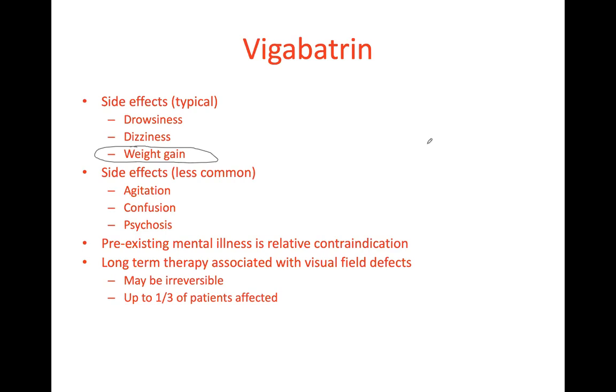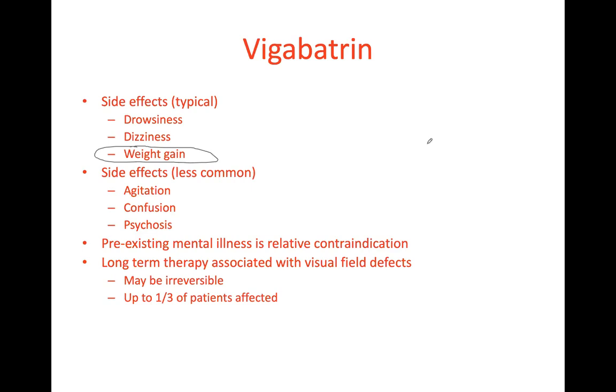We can see some less common side effects, but these are important to note. Although this is inhibitory and tends to be CNS depressant, we do see occasionally in some patients actual stimulation. We see some agitation, some confusion, some psychosis. Again, it's not the most common thing that we see.